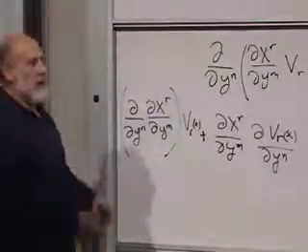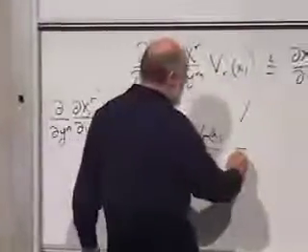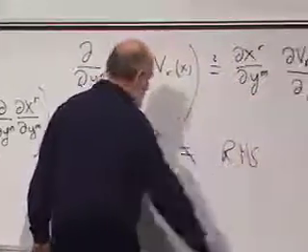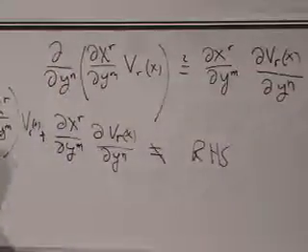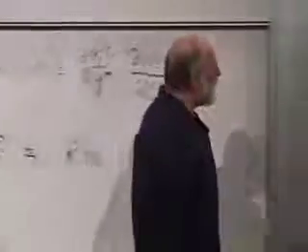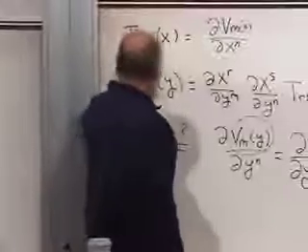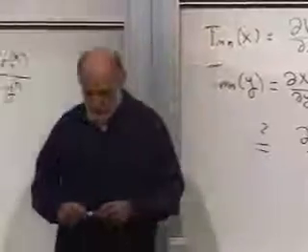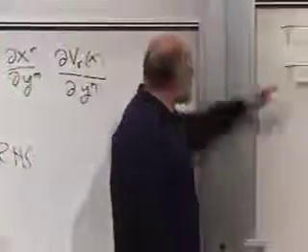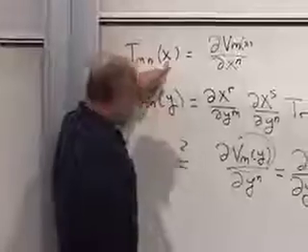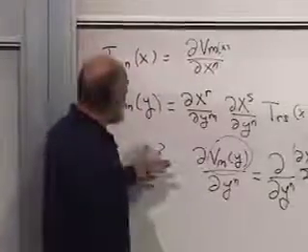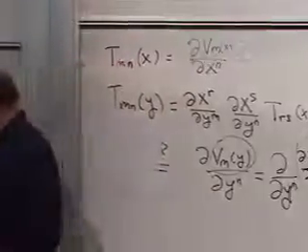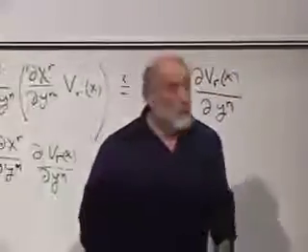So the answer is it is not equal to the right-hand side. In other words, this thing which I called a tensor has not transformed as a tensor. If I insist that this is the x components of the tensor, then it is not true that the y components of the tensor are just derivatives of v with respect to y. It's not true. Okay.